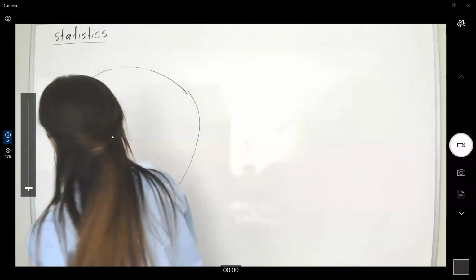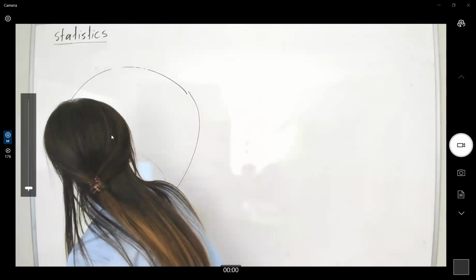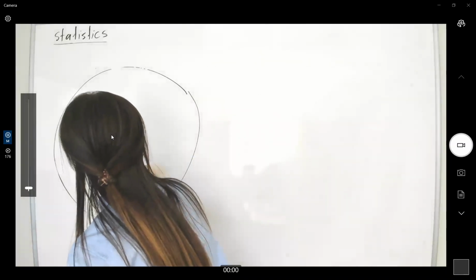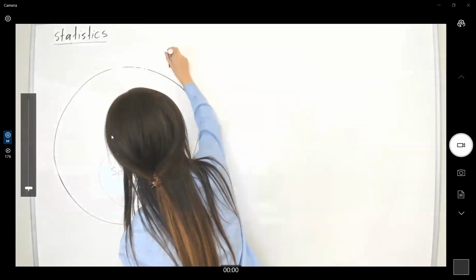So we have a population and we have a sample. Let us use sample with red and population with black.